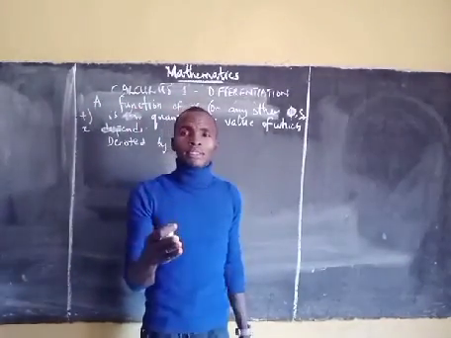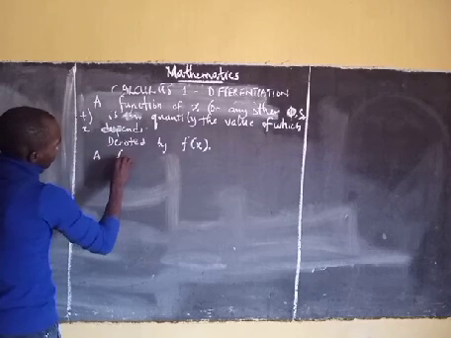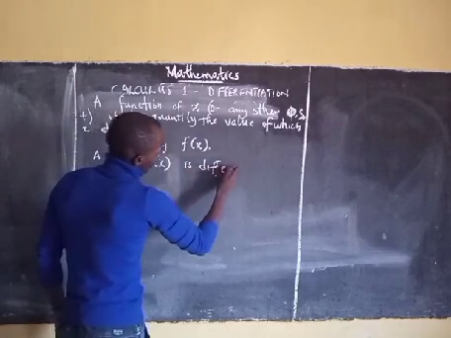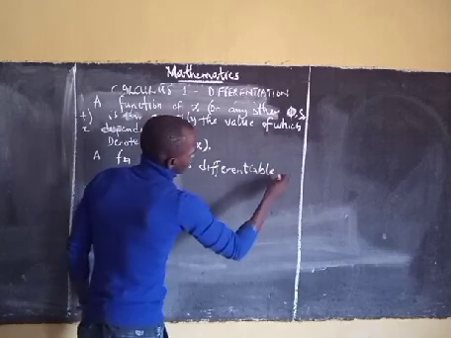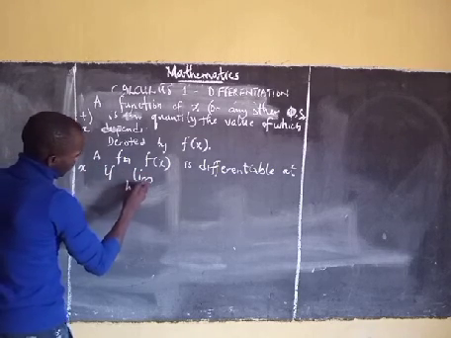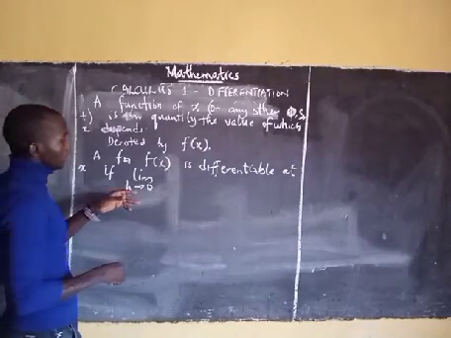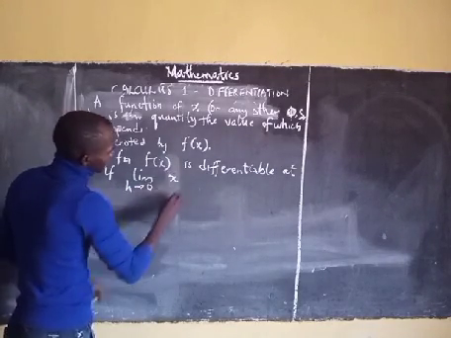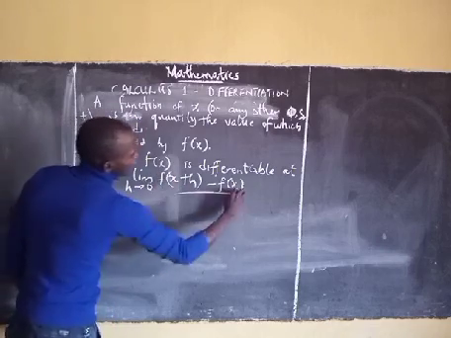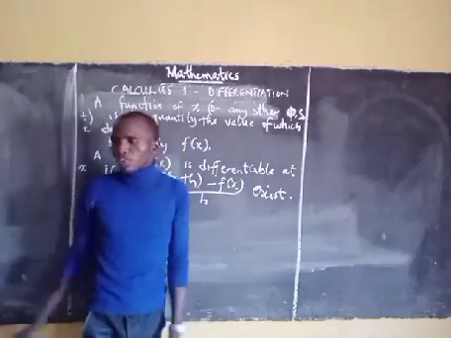From here, when is a function differentiable? A function is differentiable at x if and only if the limit as h tends to 0 of f of x plus h minus f of x, divided by h, exists.